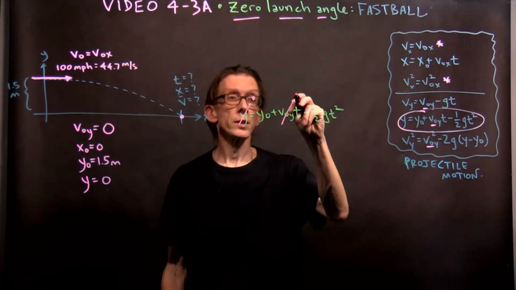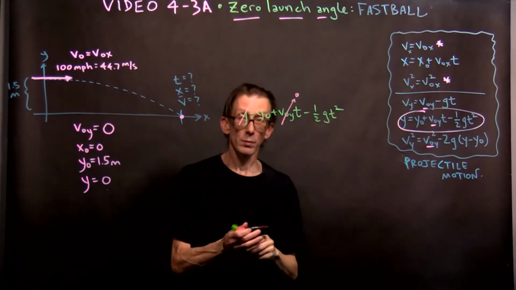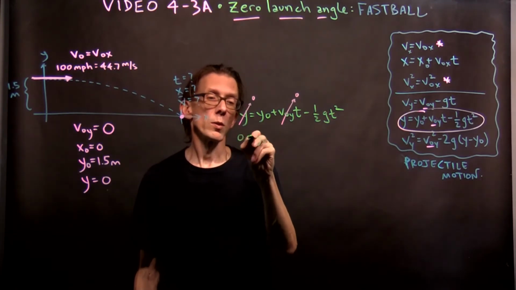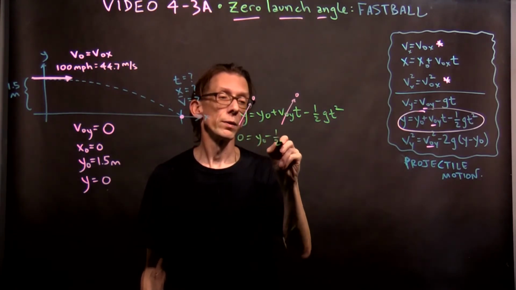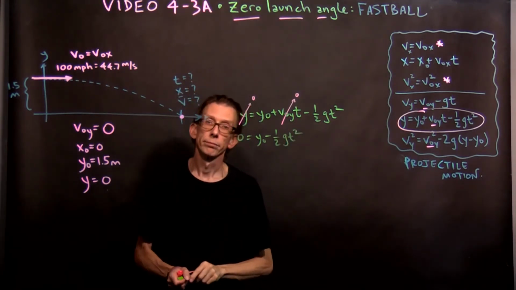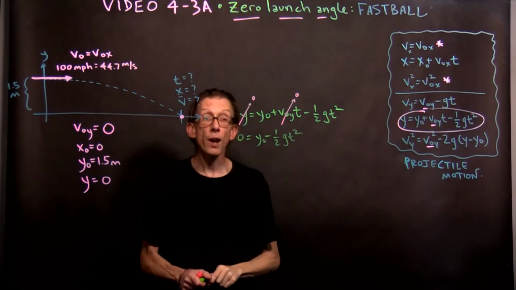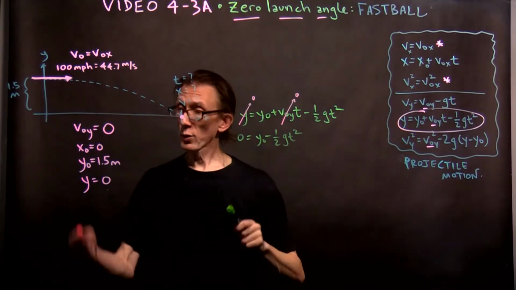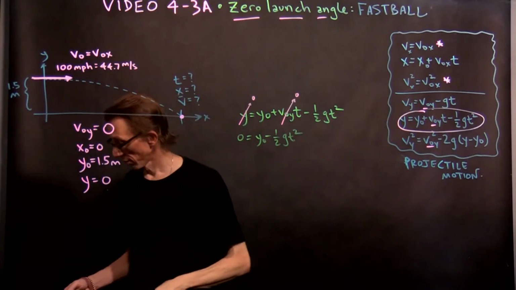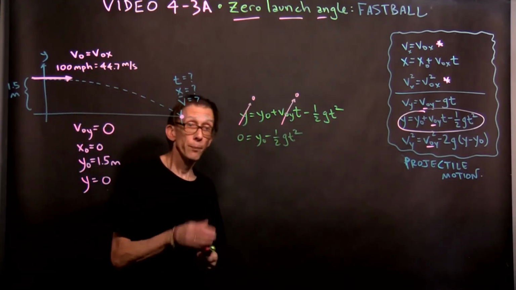V naught y is equal to 0. So we're left with 0 equals y naught minus 1/2 g t squared. And we know y naught, it's 1.5. We know g, it's 9.81, that's the acceleration, right?